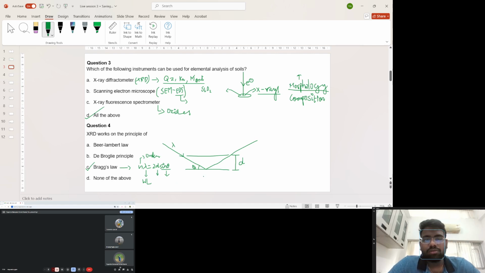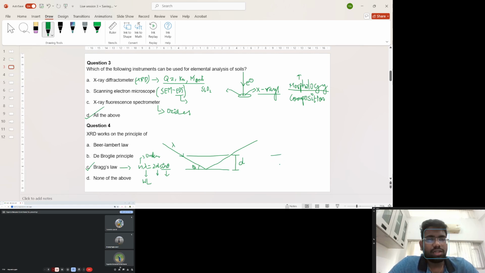So now this law relates the wavelength of the electromagnetic waves that are used, and the angle at which it is incident, to get the interplanar distance. How we can use it for our purpose is that every mineral has a particular interplanar distance.